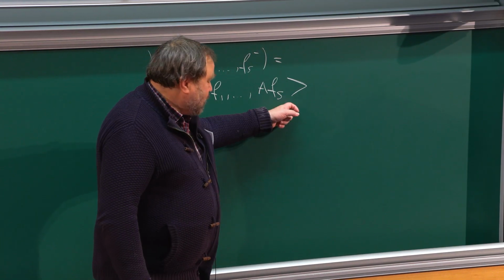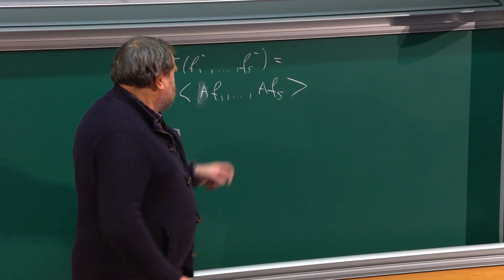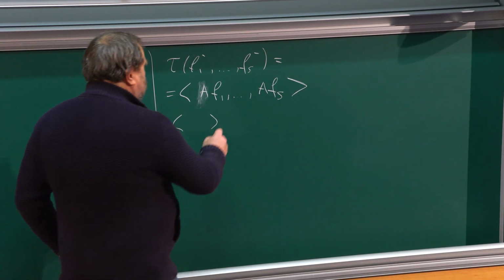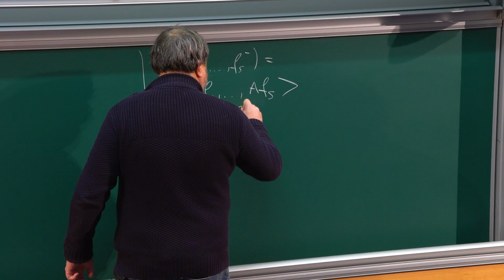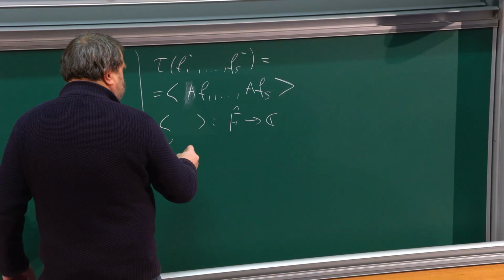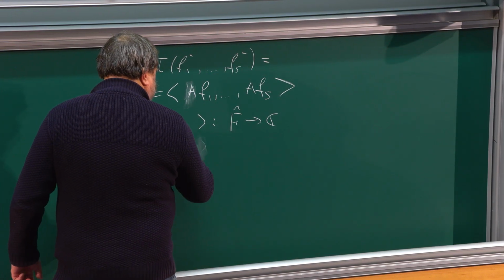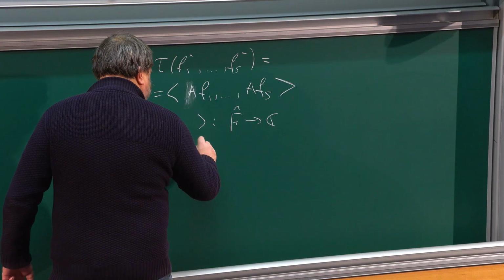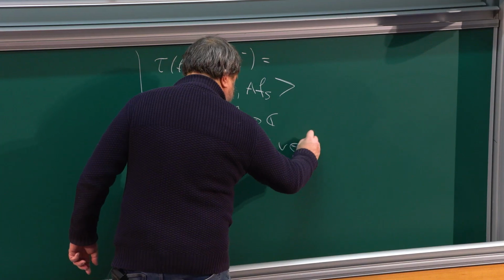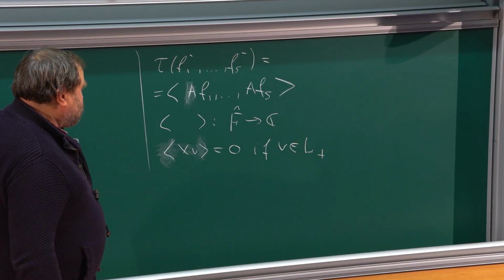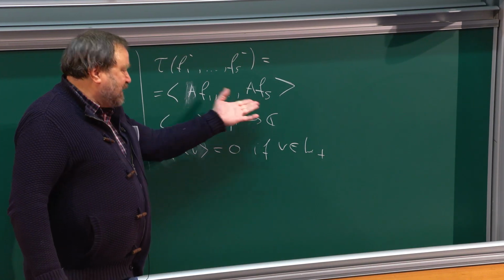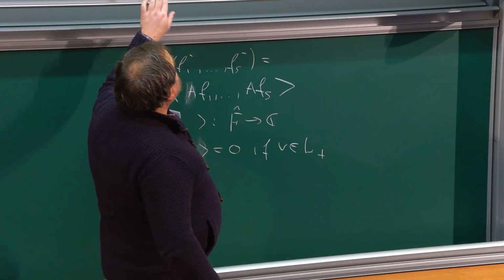And this brackets is a map from Clifford algebra from F to C, which by definition is something that if you have well, xv is 0 if v in L plus, well then, you can verify that this expression satisfies this relation.